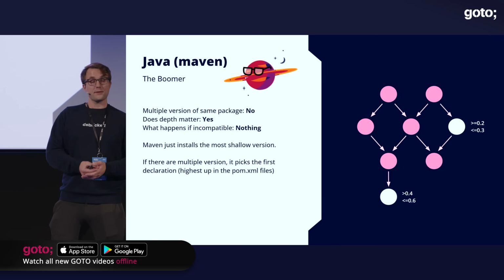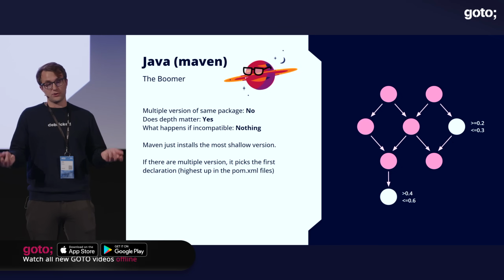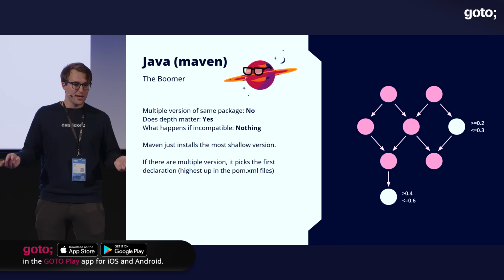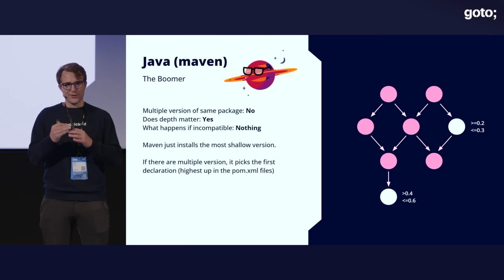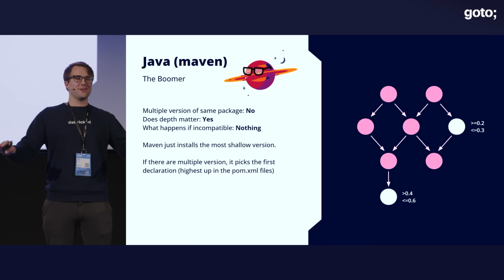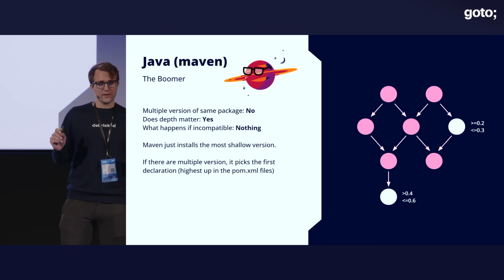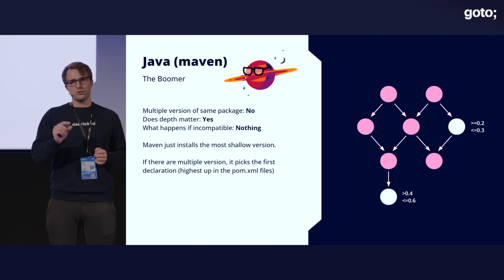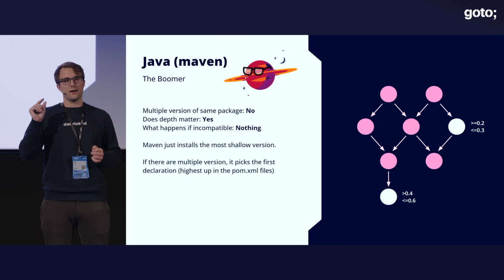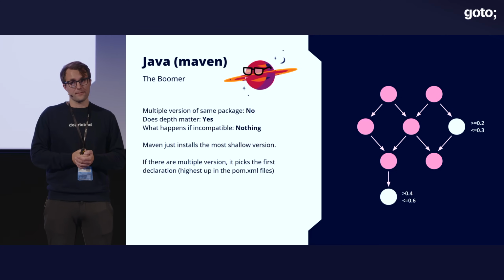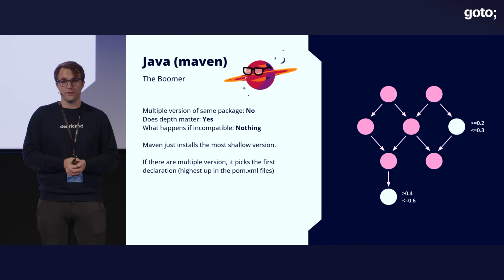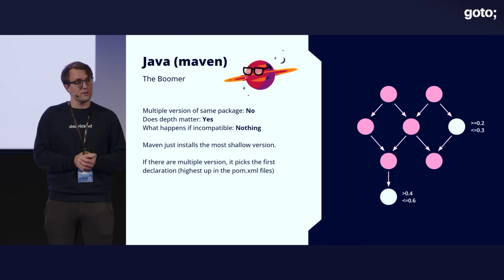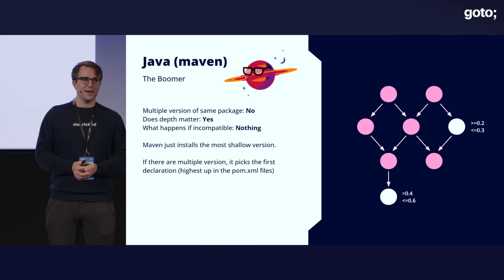But Java and Maven cannot resolve multiple versions as well. But depth does matter in its resolution algorithm. But the thing is, if you don't have overlapping ranges, just nothing happens. What they do is that they find the most shallow occurrence of that particular package you're trying to resolve, and install that.